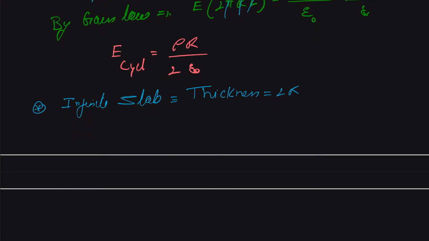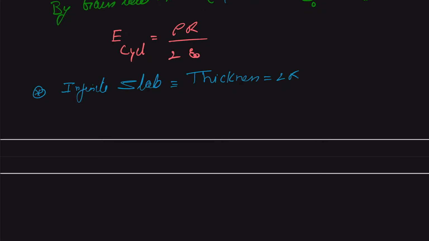So once again we can use Gauss law, and we can say the charge enclosed, our Q, is equal to rho times 2r times A.